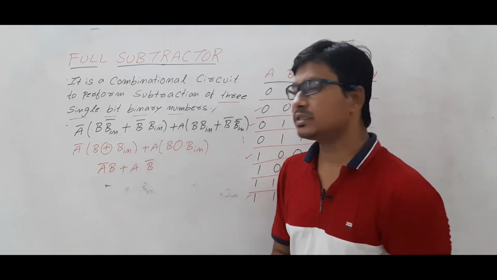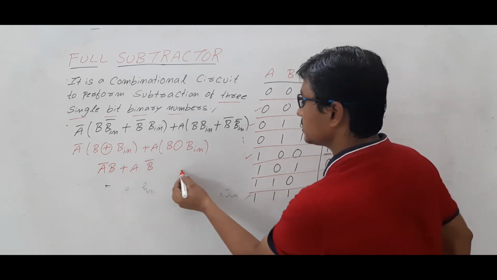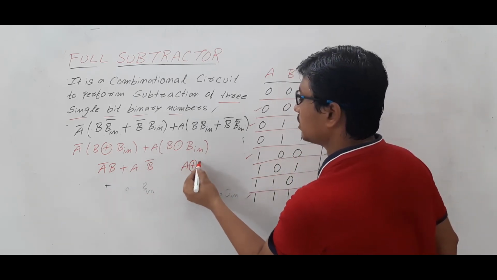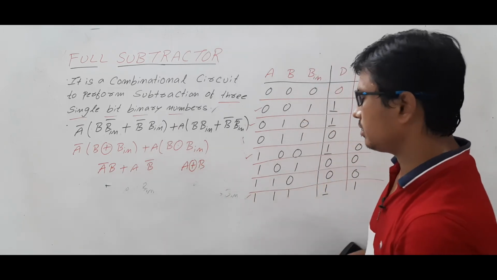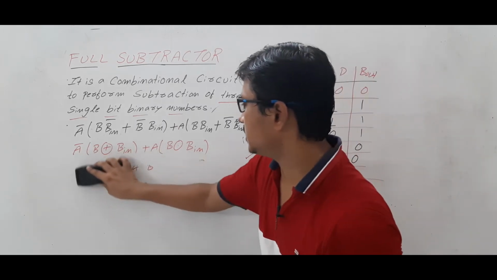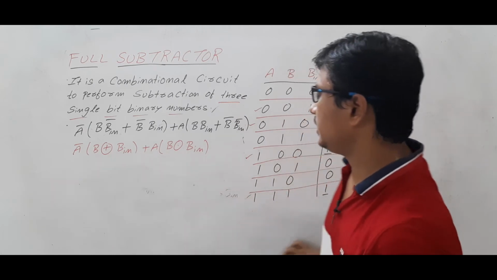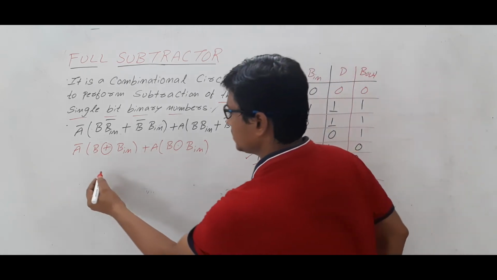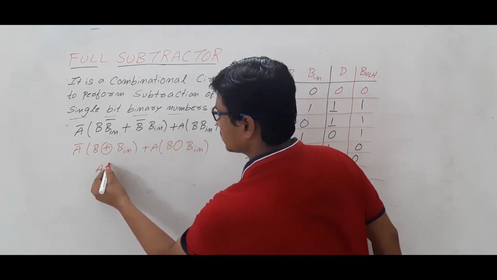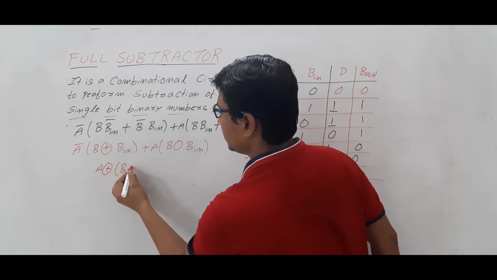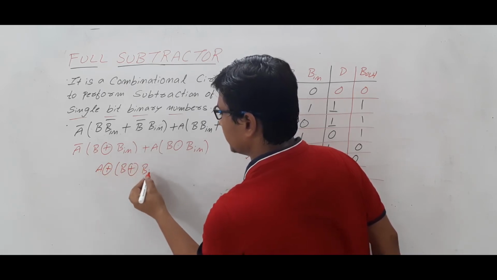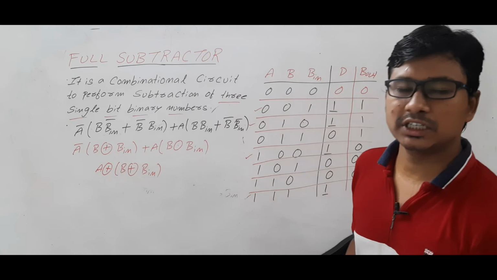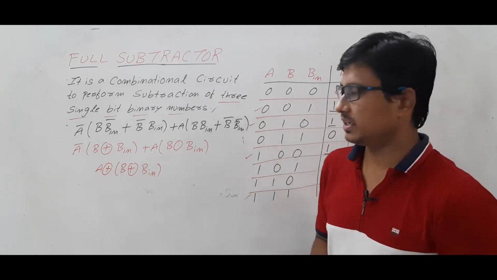So now how is it looking? This is again looking as A exclusive OR B. Am I right or wrong? So what I can do is write this expression directly as A exclusive OR B exclusive OR B in. So this is the expression I got for the difference. Okay.